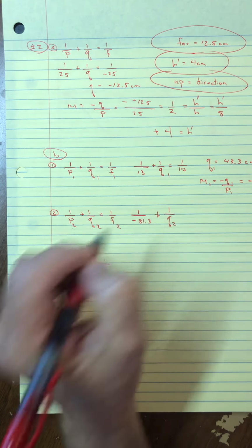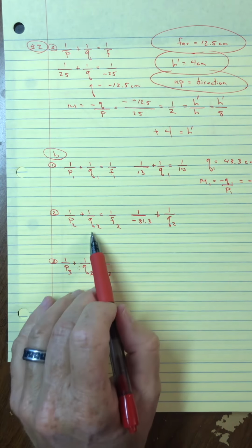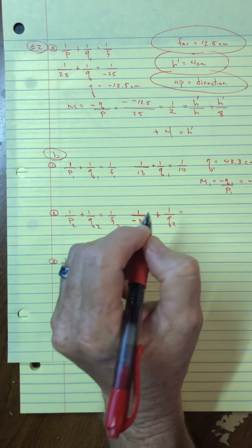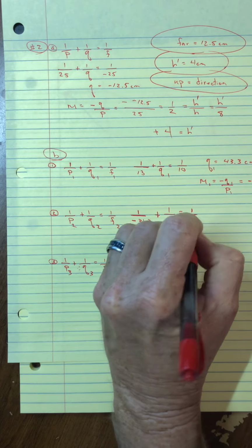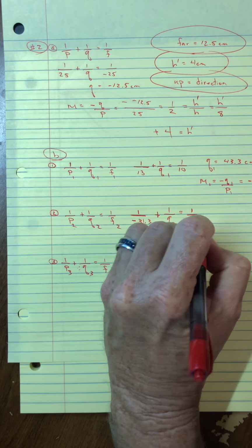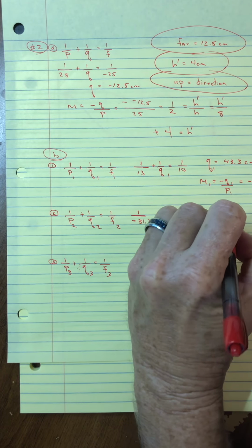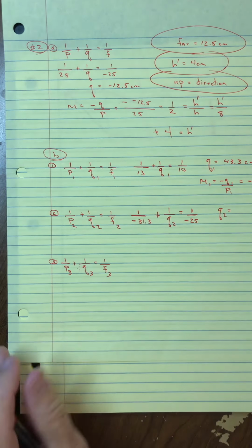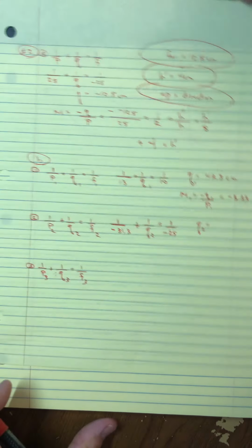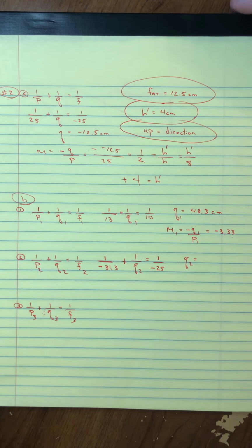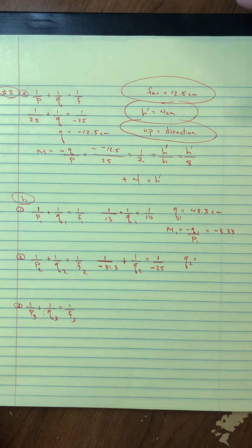Now I'm looking for my image distance. Okay, so where is the image formed? And I have a focal length of that mirror, which we decided already was a negative 25. So where is image number 2 formed?